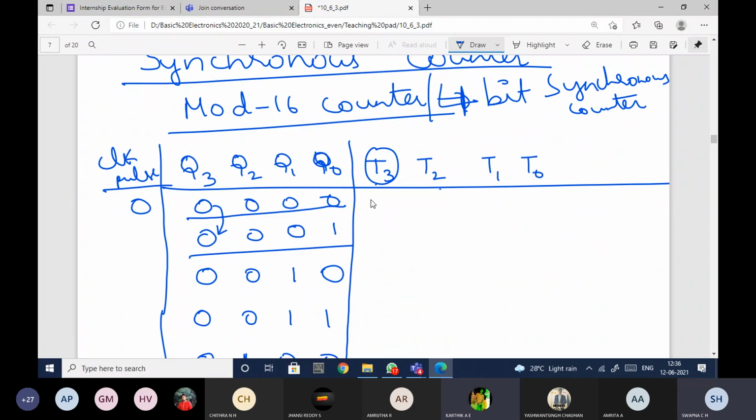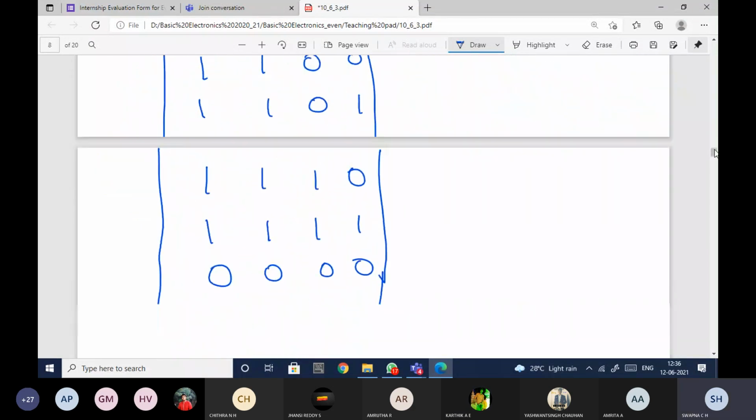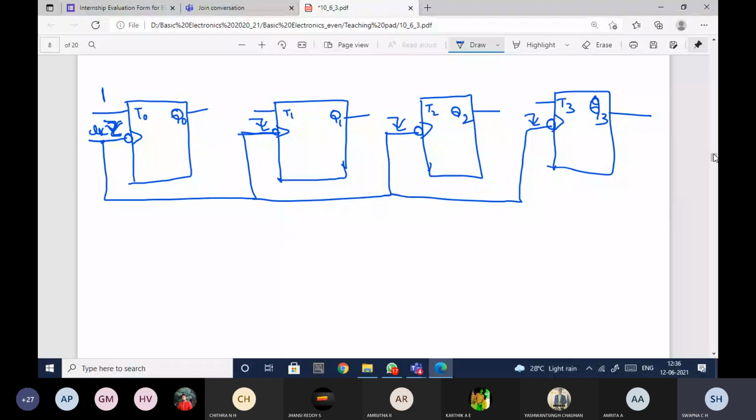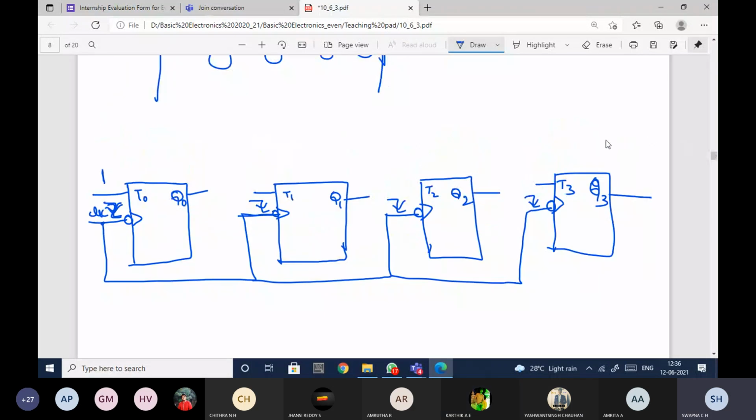So what should be the input to T3? 0. I'll come again: 0 0 0 0 is my present state, and now I need to get 0 0 0 1 as my next state. Since this is not toggling, if the present state is 0, the next state is also 0.